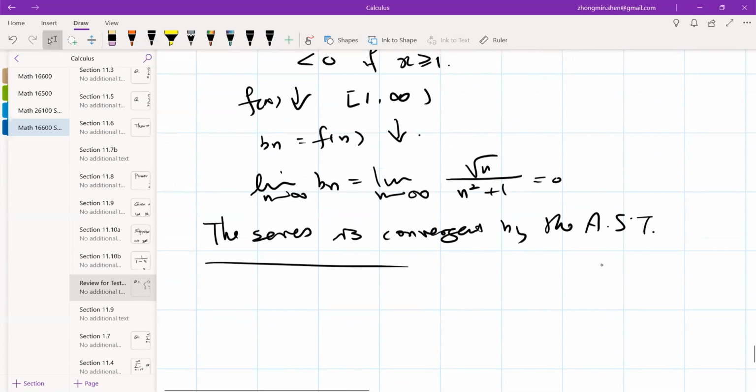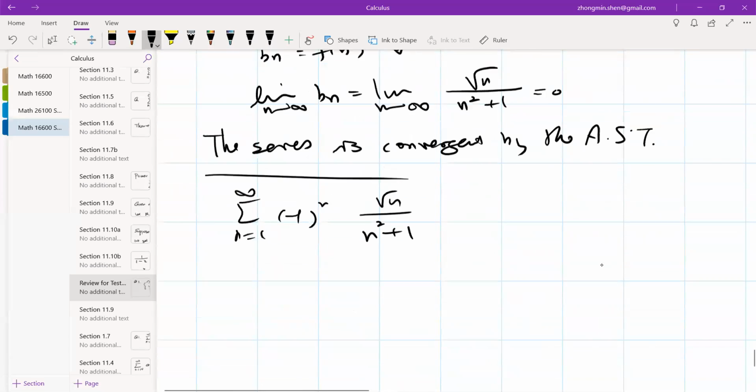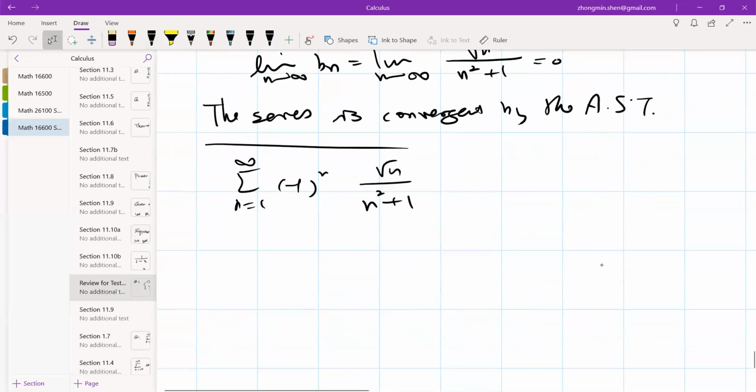There's another way to do this. Let's go back to this problem. Actually, how do I know this is convergent at the beginning? I look at it assuming there is no negative sign there. It's square root of n over n squared plus 1, so it is almost equivalent to a p-series. p is 2 minus 1/2, which is 3/2, which is still larger than 1.